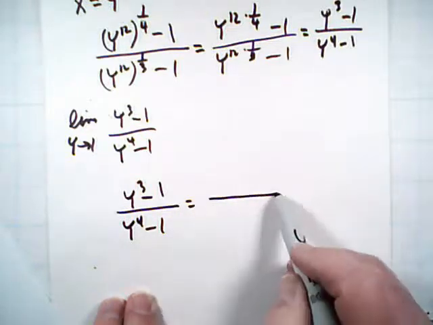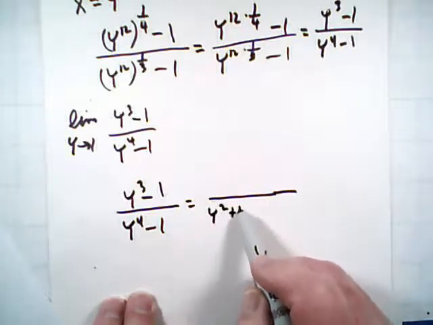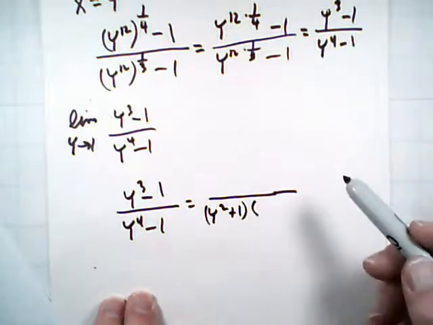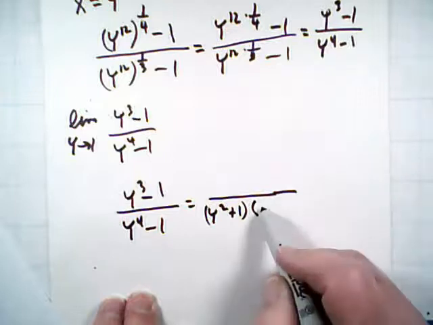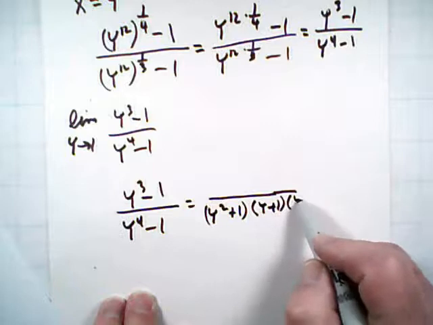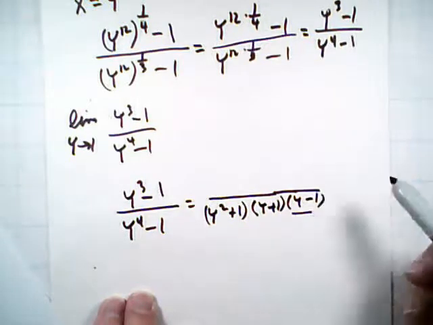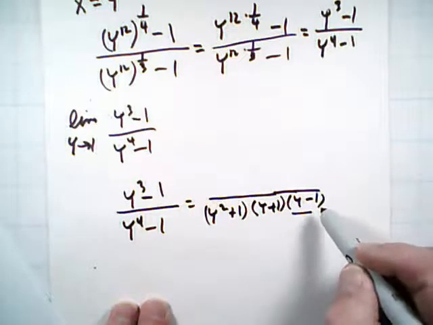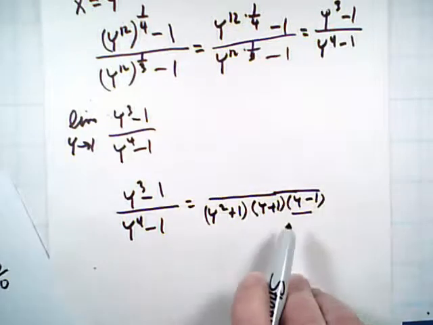So we can write that down as two factors, y squared plus 1 and y squared minus 1. However, y squared minus 1 is also the difference of two squares, and we can write that down as two factors, y plus 1 and y minus 1. Aha! This is one of the factors we're trying to factor out, because that's the only factor here that is going to produce a 0 when y goes to 1.